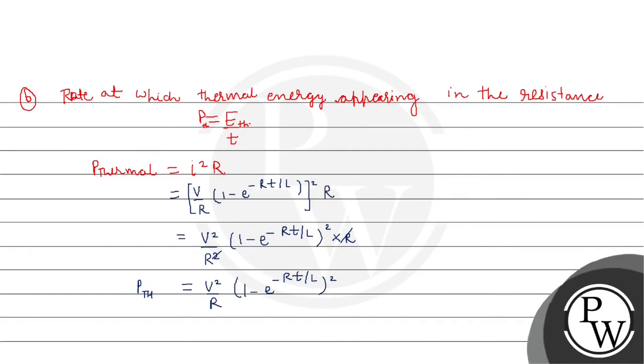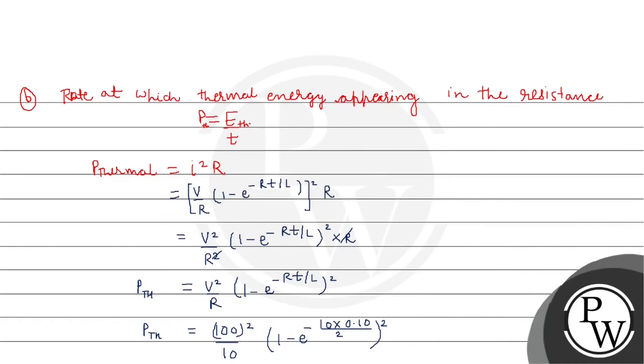So on substituting all the values, we can get the value of P thermal, which is v की वैल्यू है 100 volt, so 100 square by r की वैल्यू है 10, 1 minus e to the power minus r की वैल्यू है 10 ohm, t की वैल्यू है 0.10 second by l की वैल्यू है 2 Henry, its whole square.